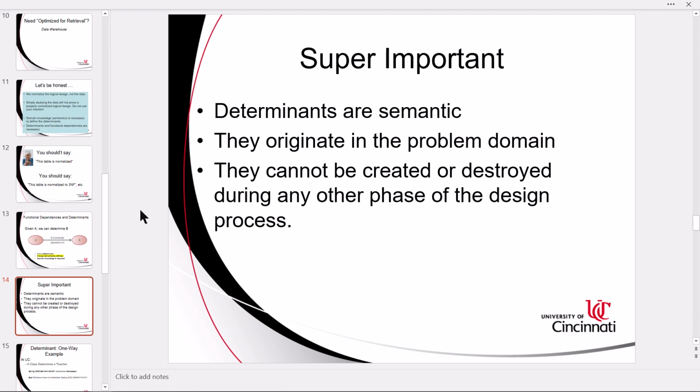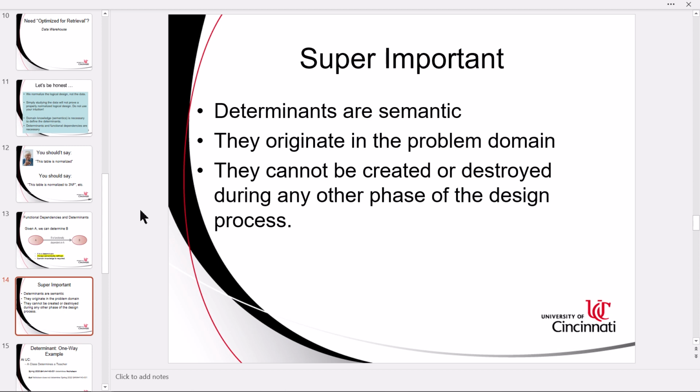Here's what I just said. I'll emphasize it again. Determinants come from the problem domain for our purposes. We're trying to solve real world problems. We're not mathematicians. So you may see a strictly mathematical explanation of these topics where the determinants are just poofed out into existence, but they come from somewhere or they don't have any value to us.